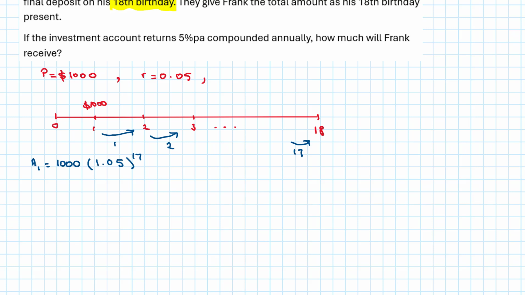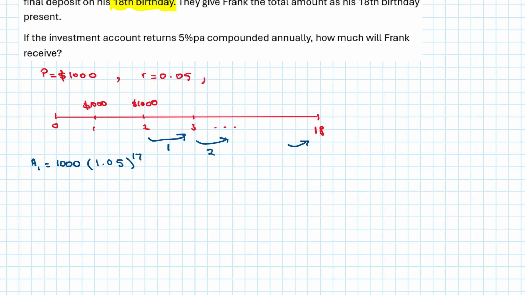So that's amount 1. Now we go to $1,000 on the second birthday. So another $1,000 goes into the account for investment, and this $1,000 sits in the account. That's 1 year by the third birthday, 2 years by the fourth birthday.